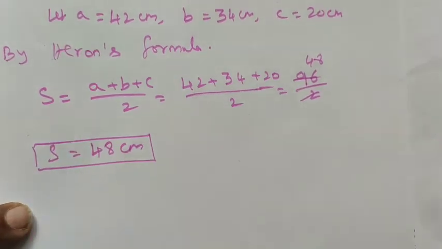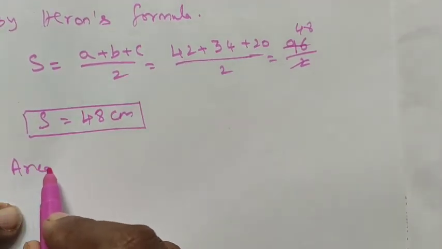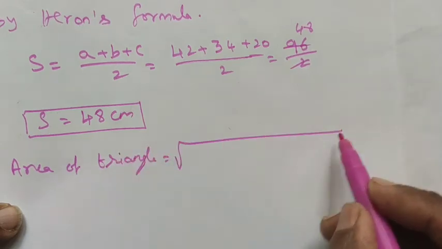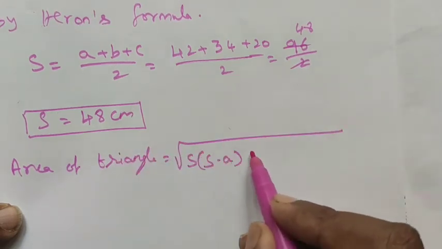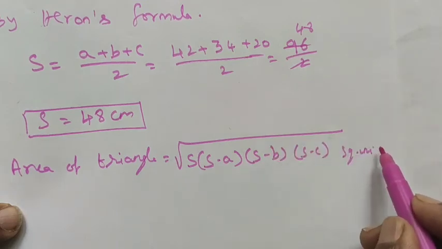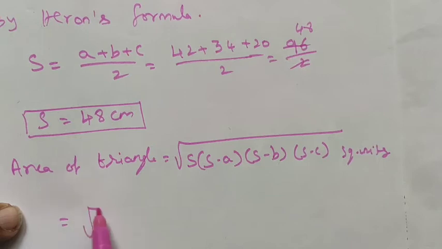Semi-perimeter. By Heron's formula we know the area of the triangle is root of S into S minus A, S minus B, S minus C square units. Now apply the values.